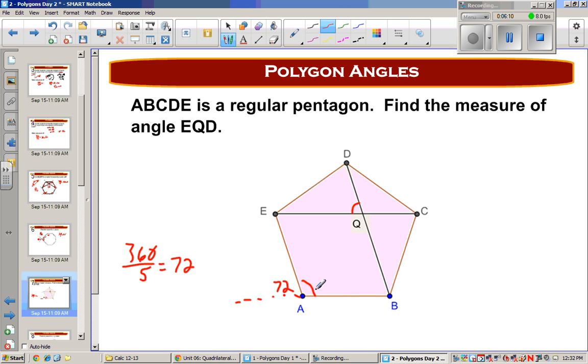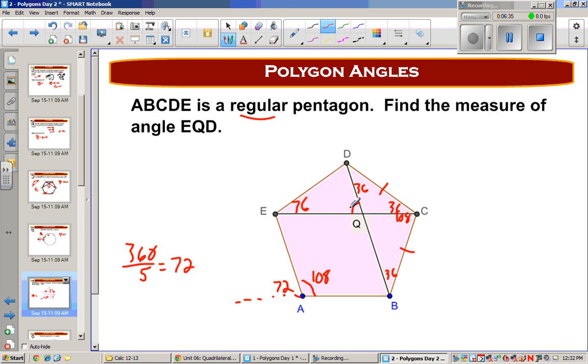So if this is 72, subtract it from 180, and I would get 108. So each of these angles is 108, but if this is a regular pentagon, those two are congruent. So this is 108, subtract from 180, and these two add up to 72, divide by 2, and this is 36, and this is 36. Similarly, this is 36, and this is 36.